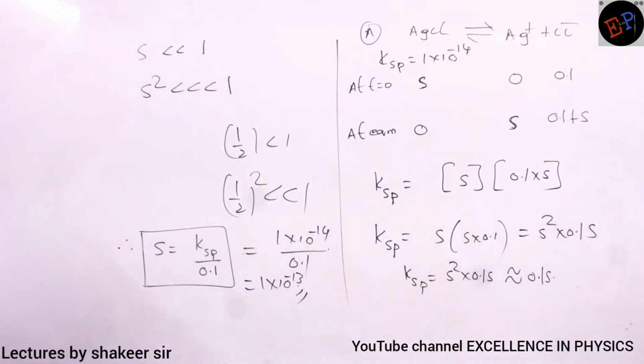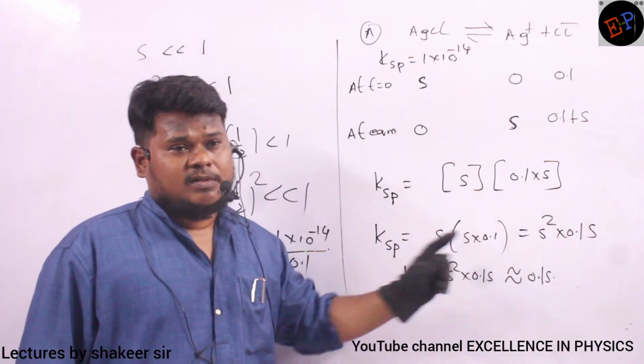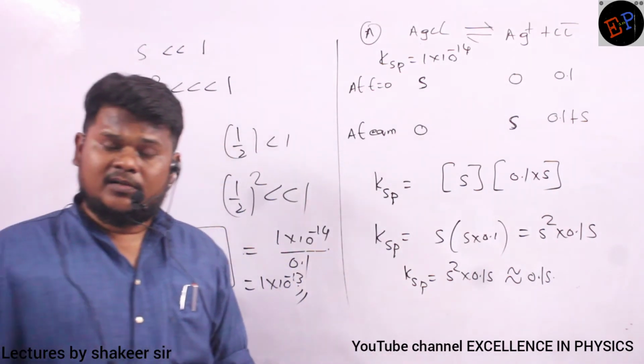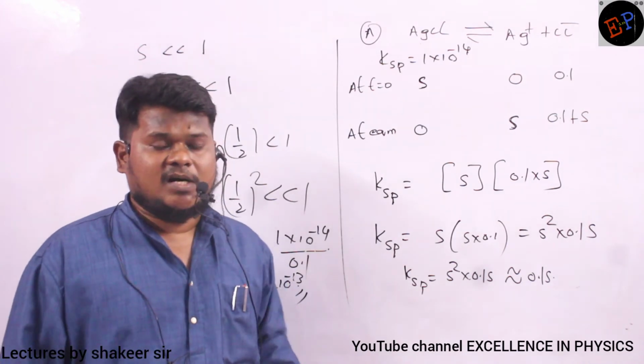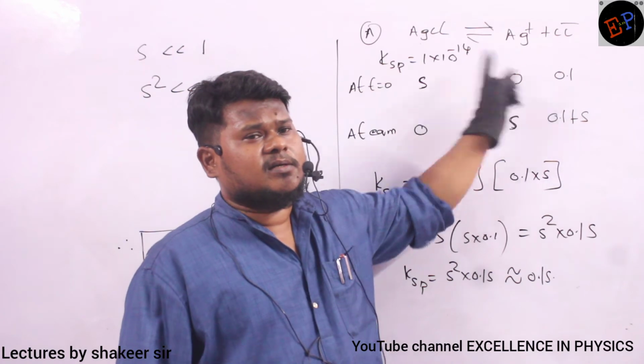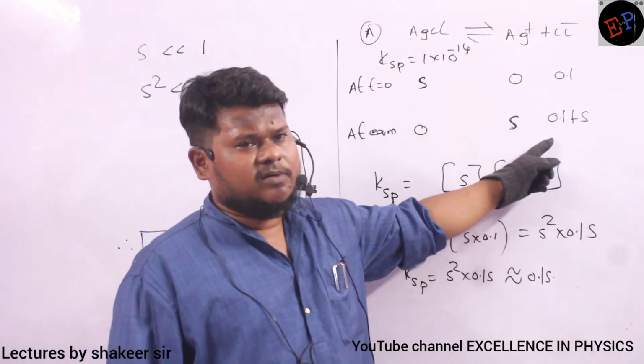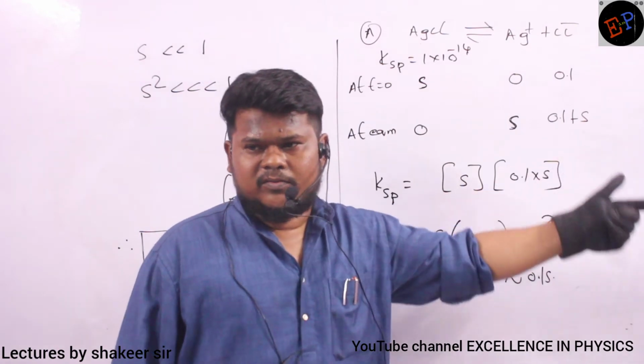Is it clear? That is how to calculate Ksp or the S value in a solution when some common ions are already present: that concentration you also have to take at T equal to 0. At the time of equilibrium, we know what to do.